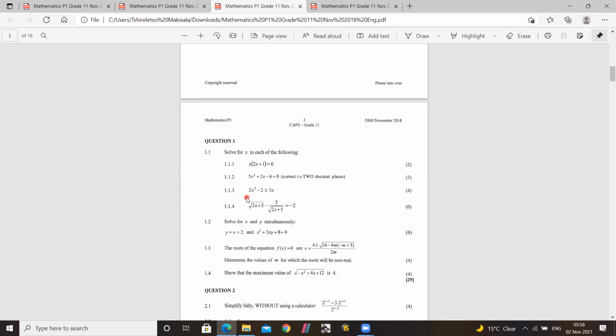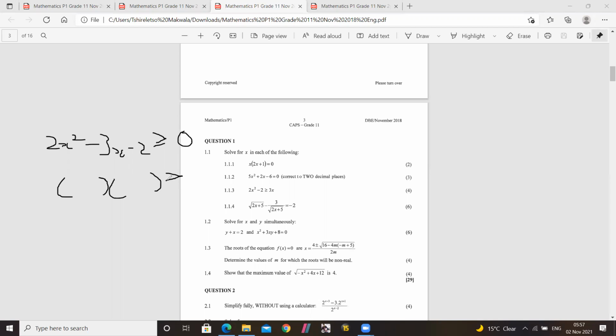Then the second step is to get your critical values. So what are your critical values? From here on, you're gonna get two brackets the same way as you do a normal trinomial.